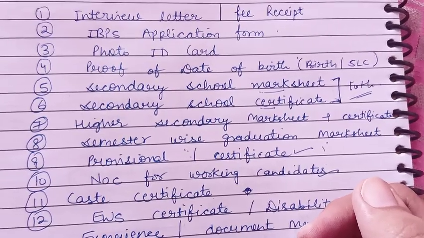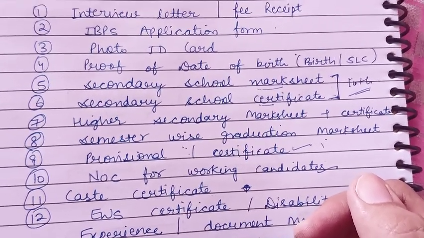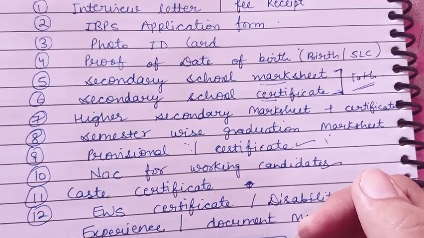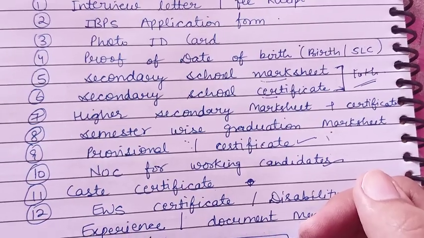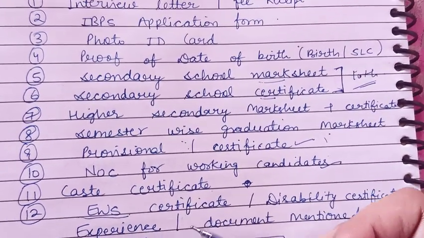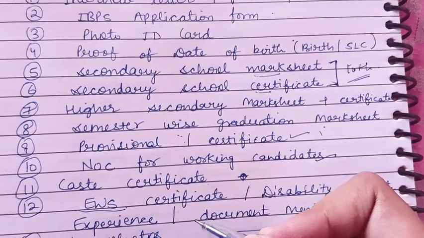Like if you are filling the form in 2022, then you will need the certificate of 2022 only. If you get the selection in 2023, if your interview is conducted in 2023, you will still need the EWS certificate of 2022. Okay, so if you are filling from EWS, then you should have your certificate ready.